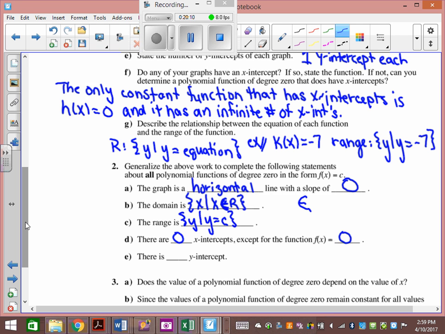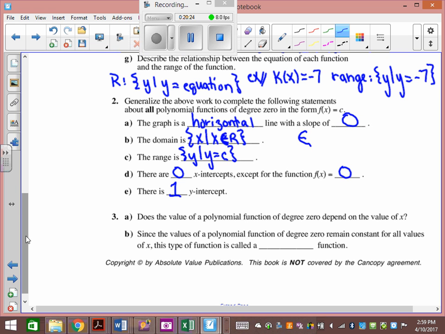And there's how many y-intercepts? How many times do each of those horizontal lines cross the y-axis? Once at that y value. Does the value of a polynomial function of degree 0 depend on the value of x? No, it doesn't have an x value in its equation.